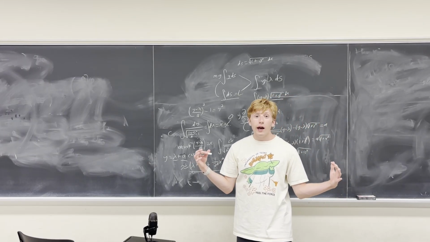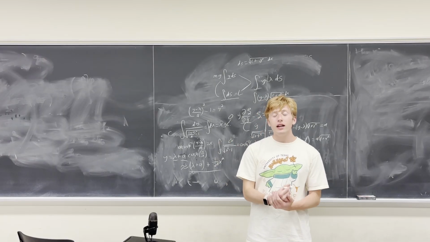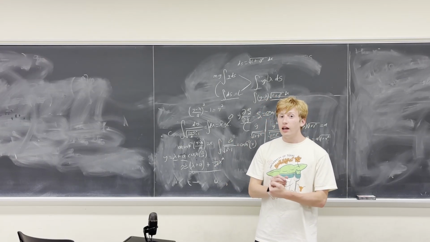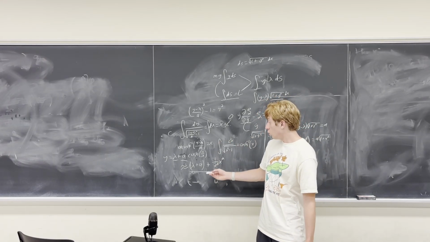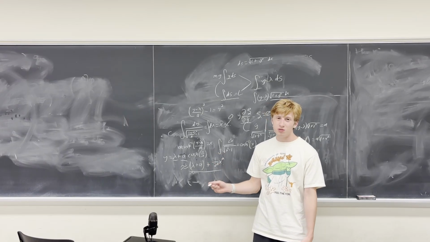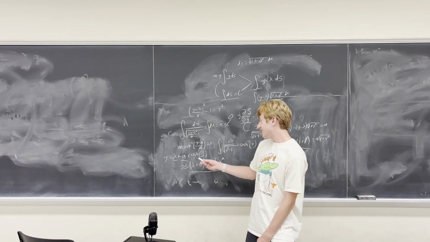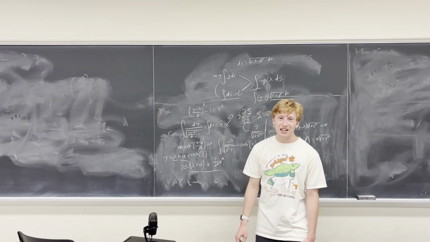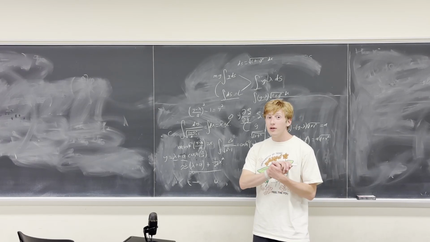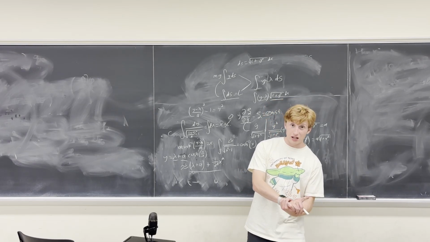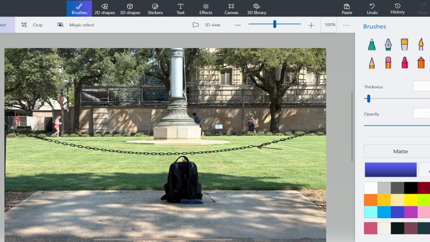So what we're going to do now is actually get the measurements and the data for the chain. And from there, we can see which model, even though they're sort of the same, is actually better. So let's hop into Microsoft Paint 3D. The way we're going to determine the distance and the actual shape of this chain is by counting, and by counting I mean using Microsoft Paint, the number of pixels each chain takes up.